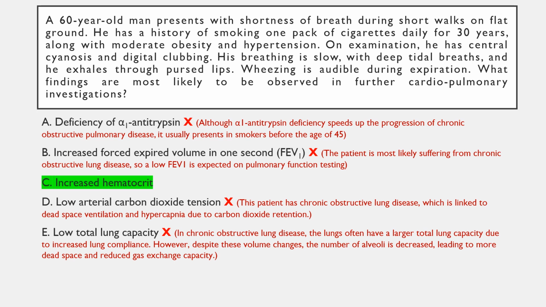Option B is incorrect as the patient most likely has COPD and is thus expected to have a low forced expired volume in 1 second on pulmonary function testing. Option D is incorrect as this patient has COPD, which is associated with dead space ventilation and hypercapnia from carbon dioxide retention.